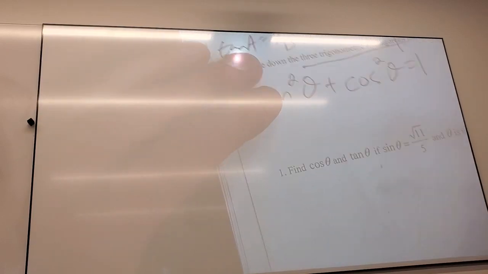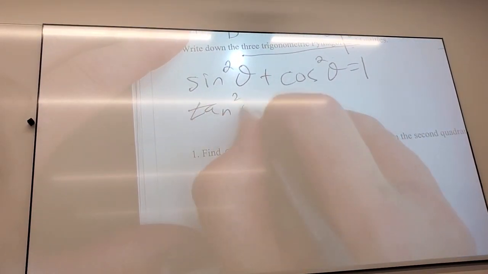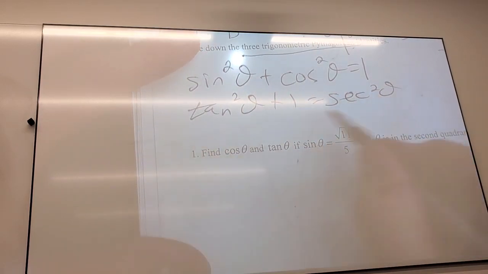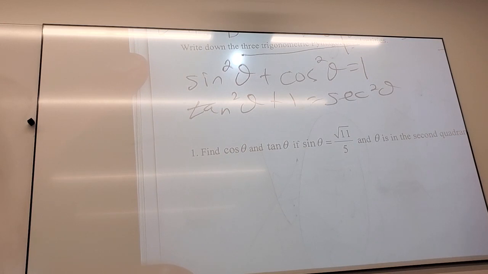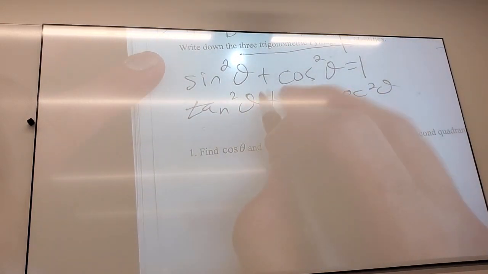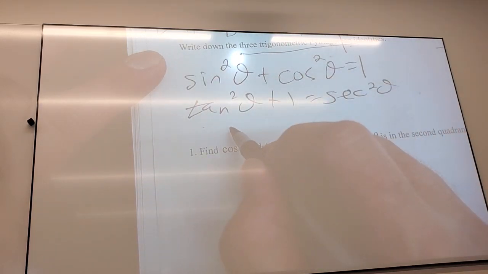Alright, what's another one that you get? Tangent squared theta plus 1 equals secant squared theta. Kick ass. And the way to remember this is no quotient. You see that? Nothing's co. What's the other one? Sine squared theta. No, we already got that one. Careful. There's something with 1 plus cotangent stuff.